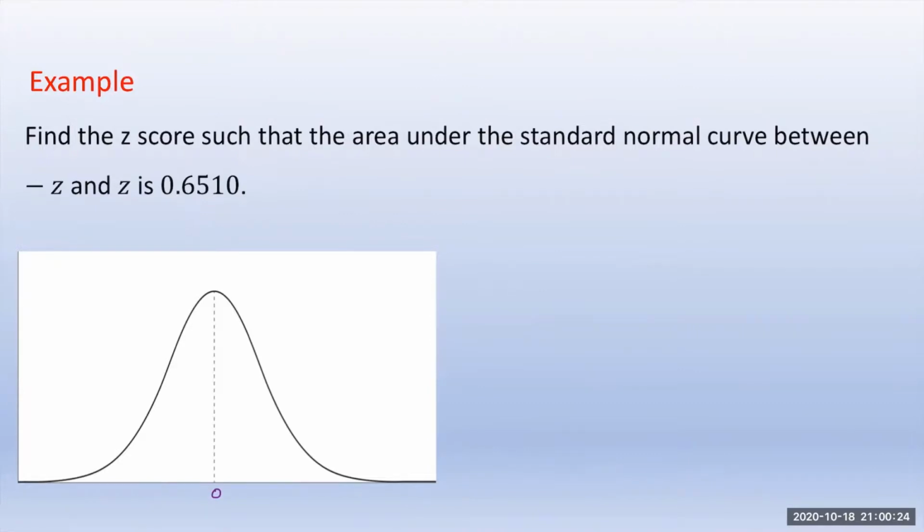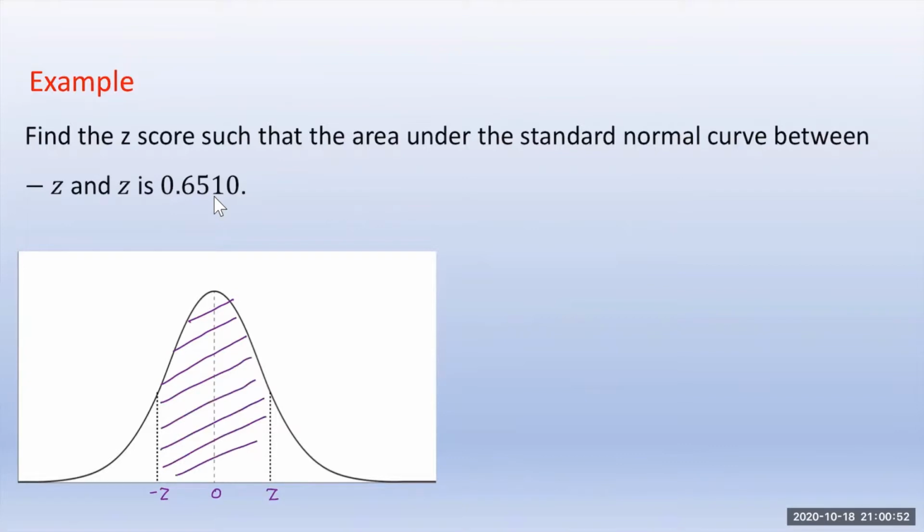So we can mark those values, negative Z and positive Z. And the area between negative Z and positive Z is given. It is 0.6510.